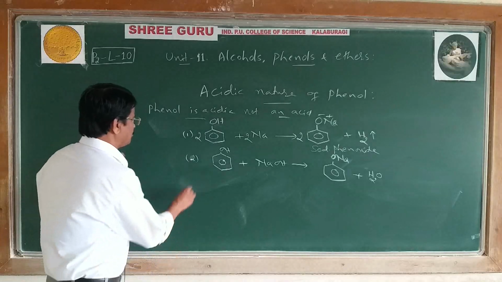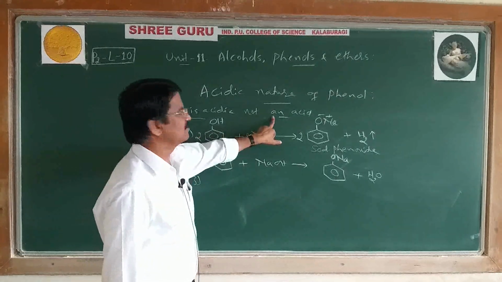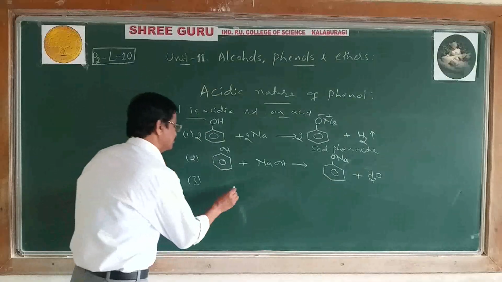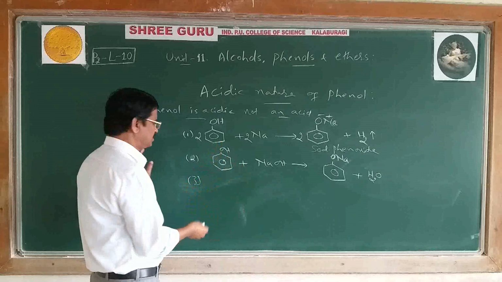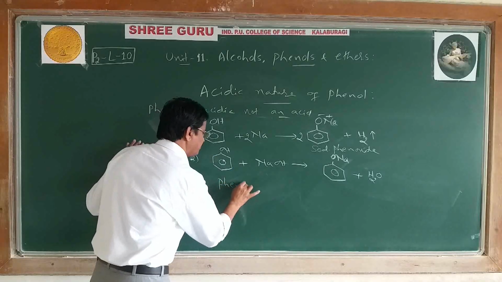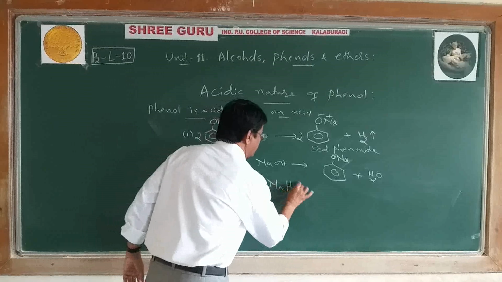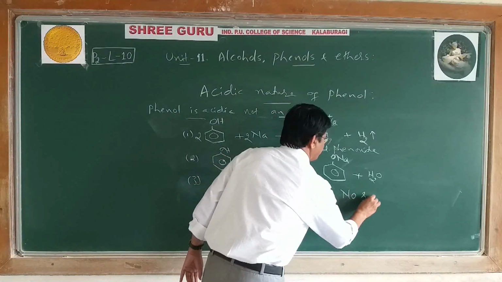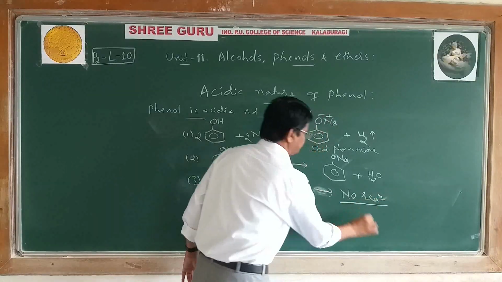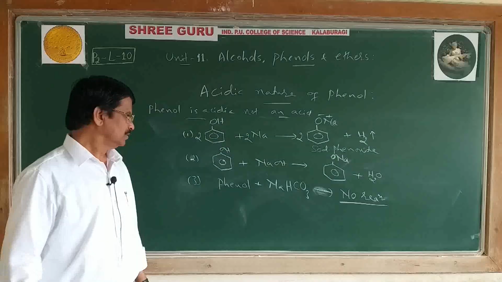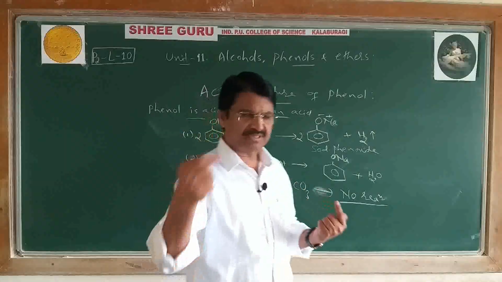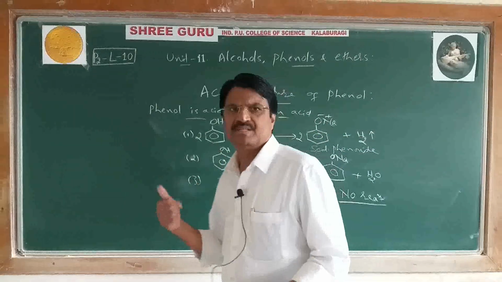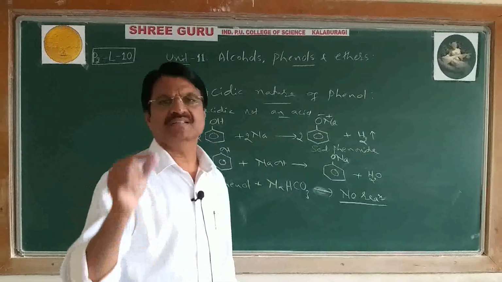Now, the third point: not an acid. Now I will prove phenol is not an acid, by showing the reaction of phenol with sodium bicarbonate, and on the right side, no reaction. When you take phenol in a test tube and mix with sodium bicarbonate, or sodium hydrogen carbonate, there is no liberation of gas, you cannot see bubbles in the test tube.